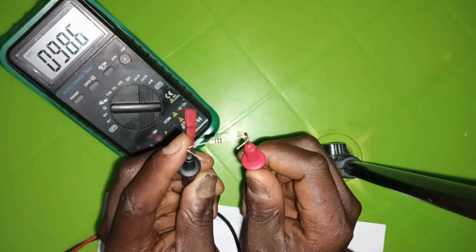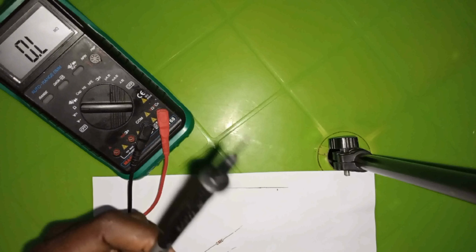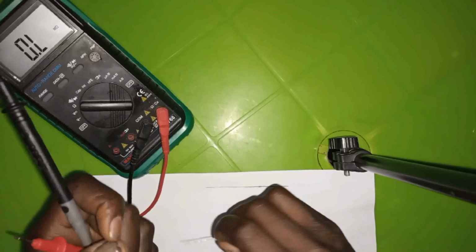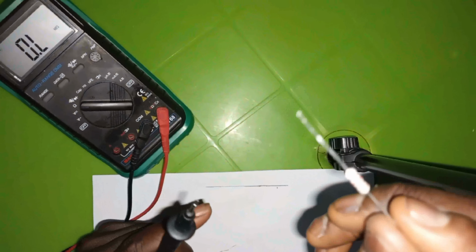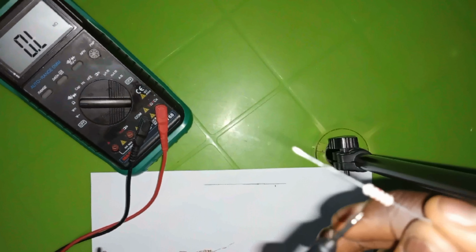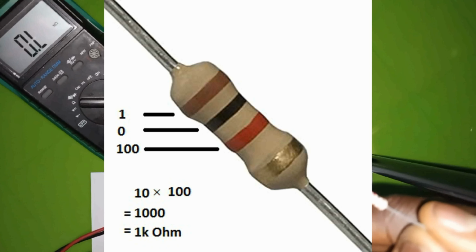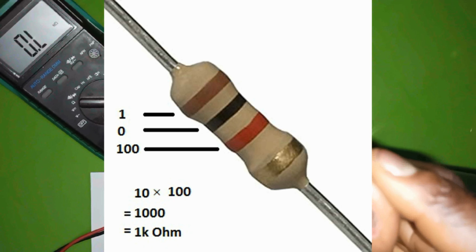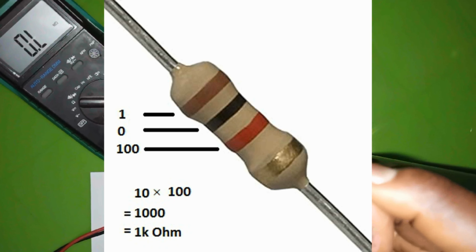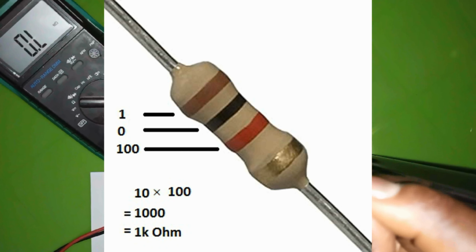Okay. Now the next one is similar but a different color. Here we have another resistor with gold at the extreme. So we start from the opposite side. Here we have brown, black, then red.